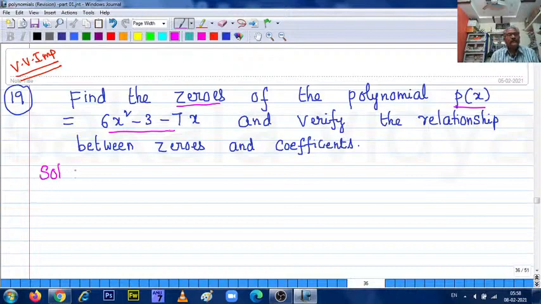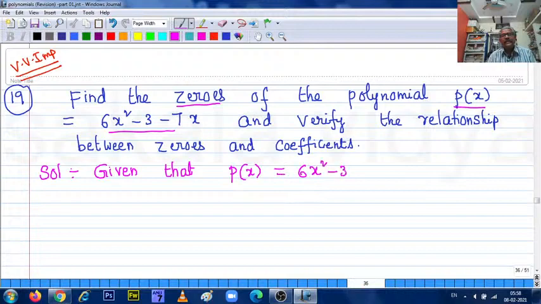First, given that p of x equals 6x square minus 3 minus 7x. For zeros, p of x equals 0, this is equated to 0.